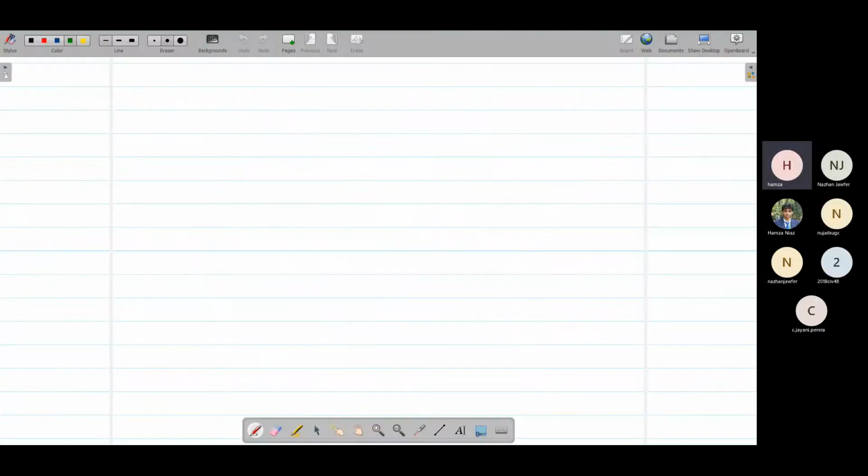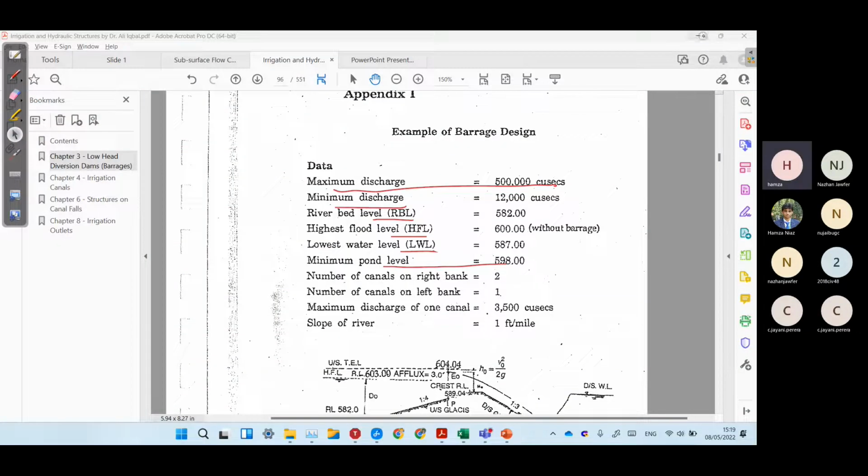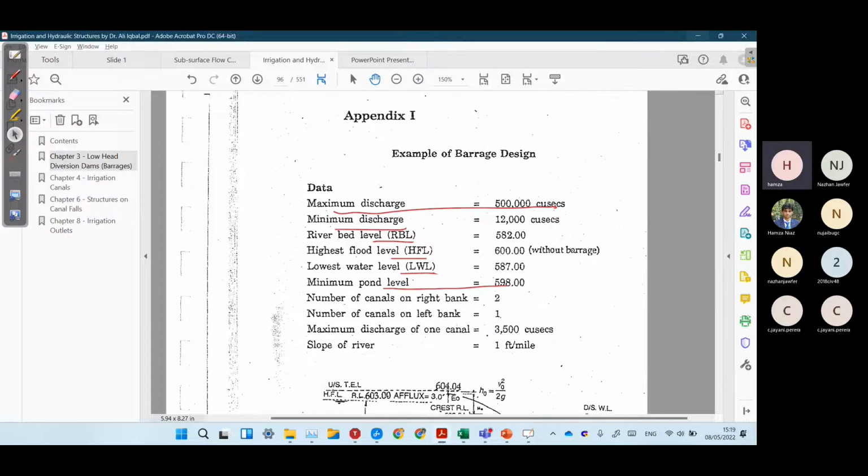So if I draw this, this is before construction of the barrage. So this is our natural surface level. The elevation of this natural surface level would be our RBL, that is our river bed level. So we have river bed level at 582 feet.